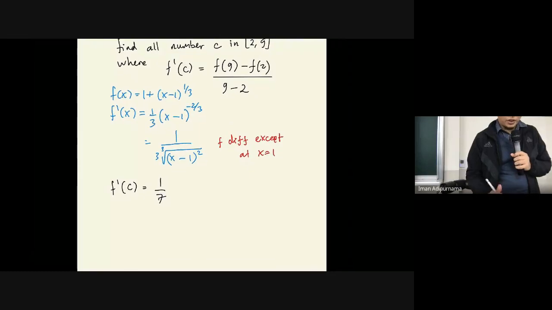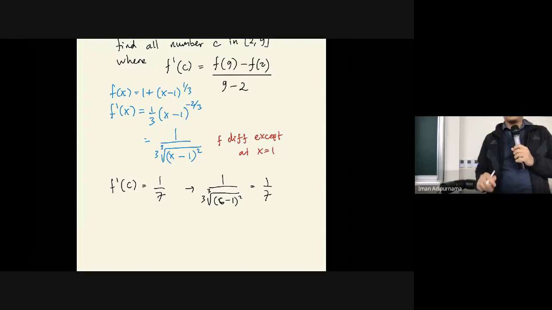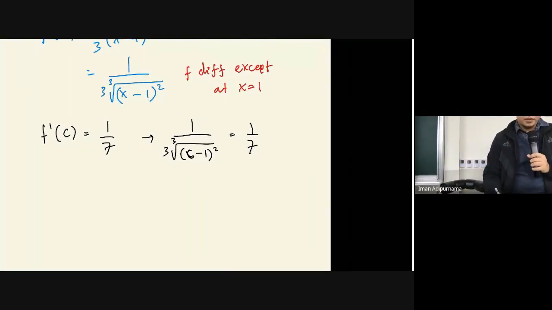So what we are doing now is looking for the C where f prime of C is equal to 1 over 7 and finding the C from this expression.